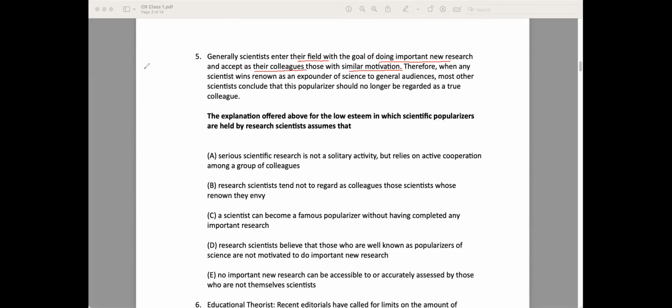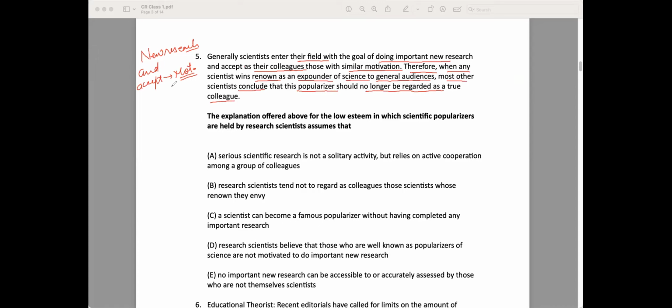So they enter the field to do important new research, and they accept colleagues with similar motivation. Okay. Therefore, when any scientist wins renown as an expounder of science to general audiences, most other scientists conclude that this popularizer should no longer be regarded as true colleague.